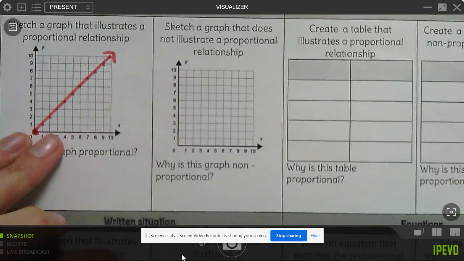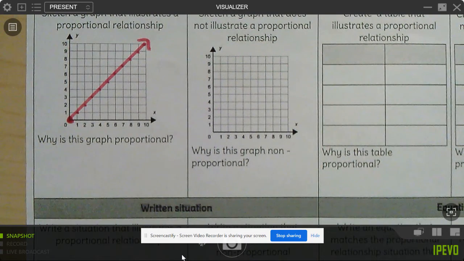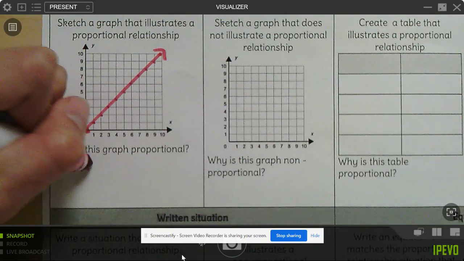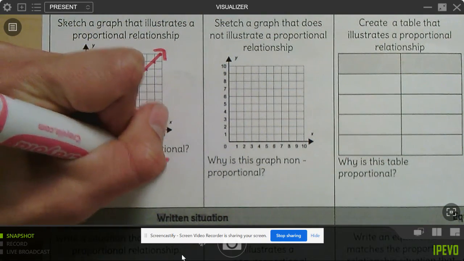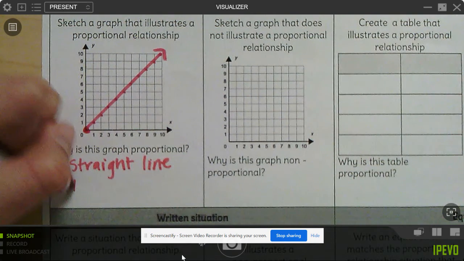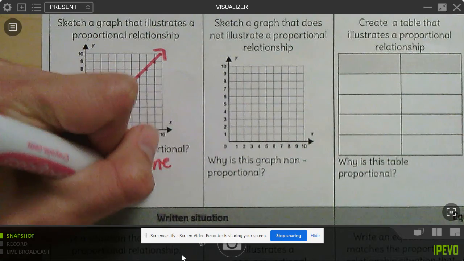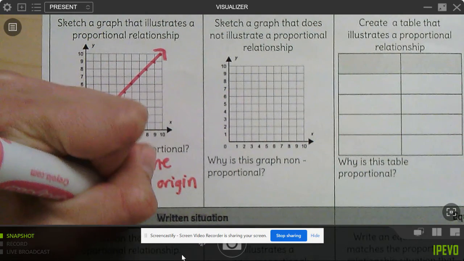Okay, that is a proportional relationship. Okay, why is the graph proportional? 1, it's a straight line. And 2, it's going through the origin, which is the coordinate 0, 0.